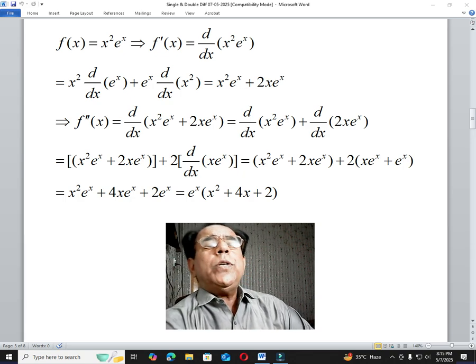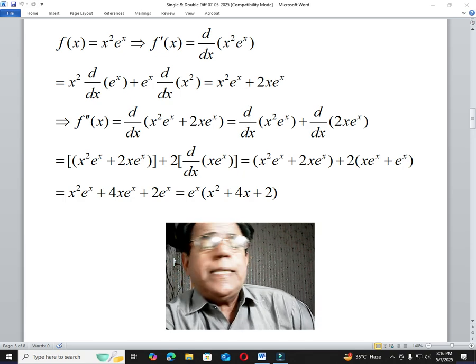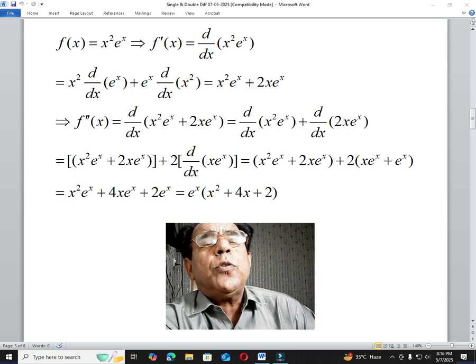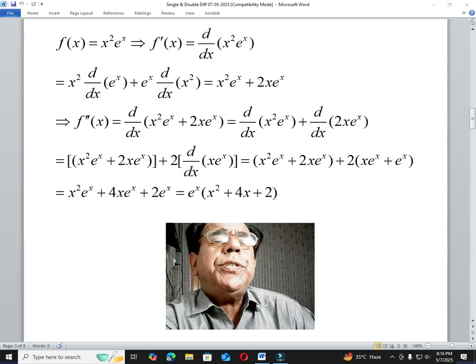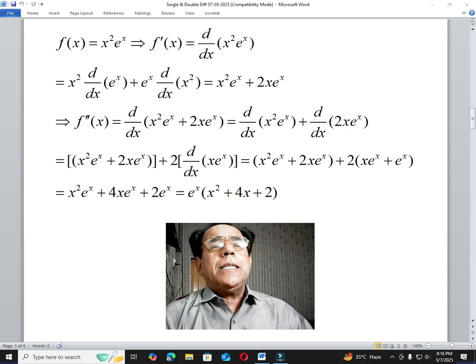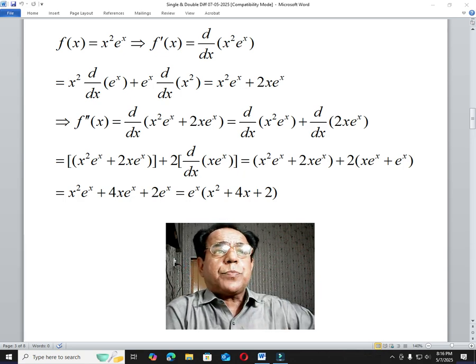Dear students, now if we see carefully, we come to conclude that d over dx x square e raised to power x is exactly the original statement of f(x) at the beginning of this problem, okay.